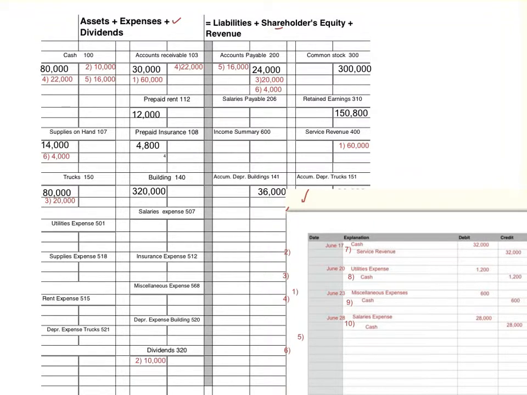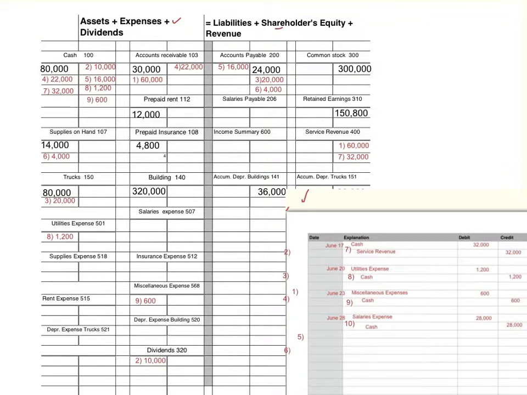On the 17th, a debit to cash and a credit to service revenue. June 20th, a debit to utilities expense 1,200 and a credit to cash. On June 23rd, a debit to miscellaneous expense and a credit to cash.